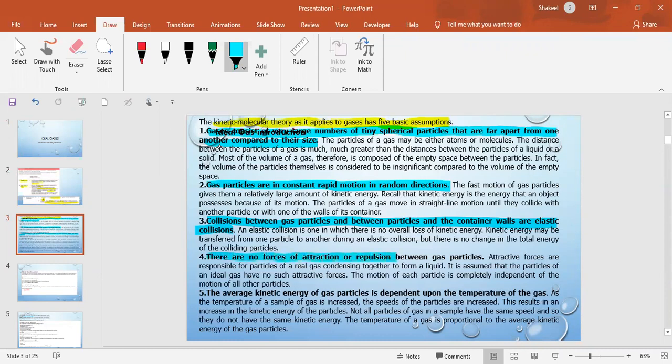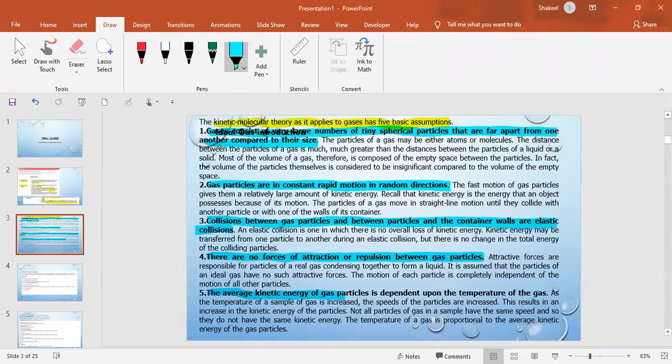There are no forces of attraction or repulsion between the gas particles. So for an ideal gas, we assume there is no bonding and no intermolecular forces at all. So we say that there is no molecular potential energy. It means the internal energy of the gas is completely because of its kinetic energy.